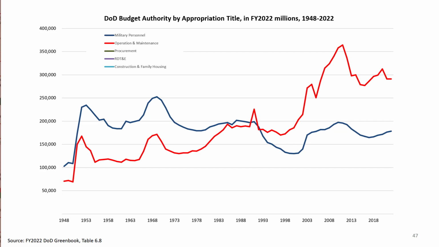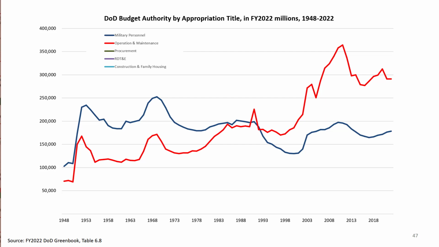We see here in the red line operation and maintenance spending. And notice that that is growing steadily. We see our peaks during periods of high operational tempo, Korea, Vietnam, Desert Storm, and the war on terrorism. But the underlying trend is upward.